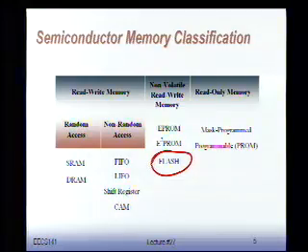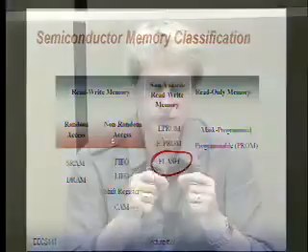Okay. Now, what flash does, I just don't have time to go through it, but I'll give you the highlight. How do you create a non-volatile memory? Well, obviously, I should be able to change something in the cell which is going to stay there when I turn off the supply. And there are a couple of tricks you can do.